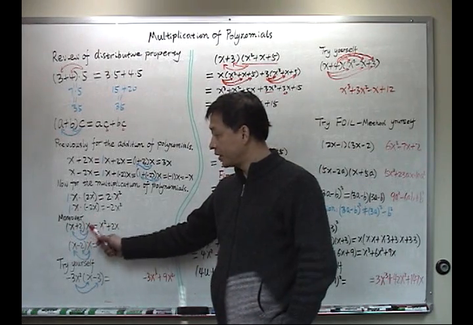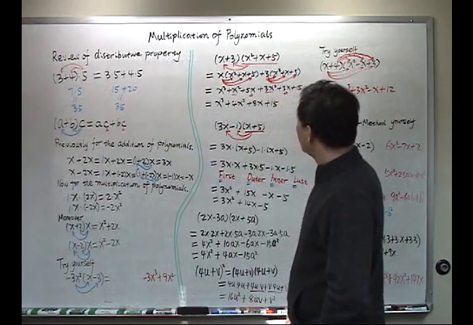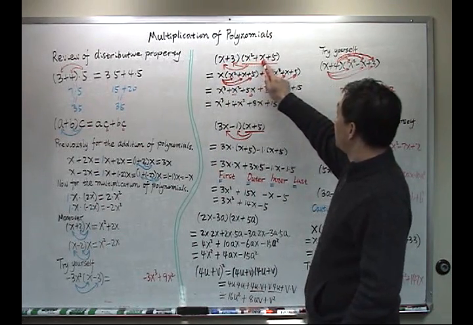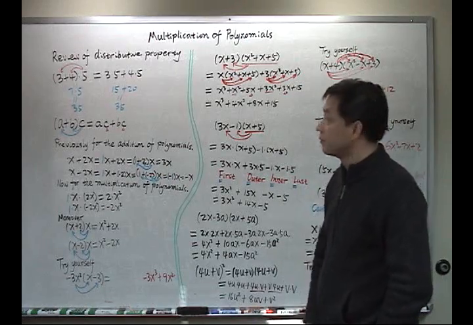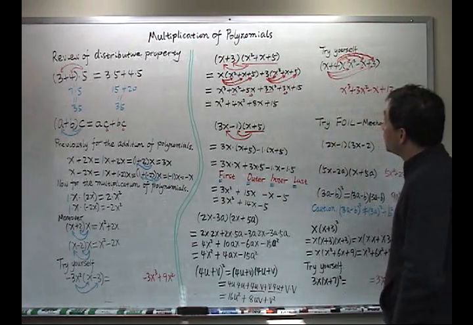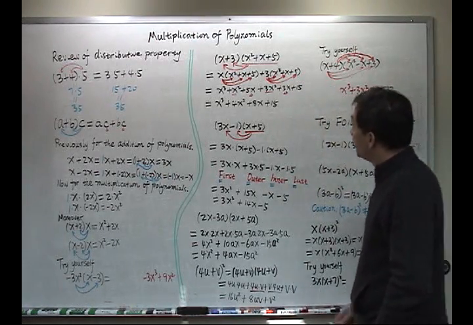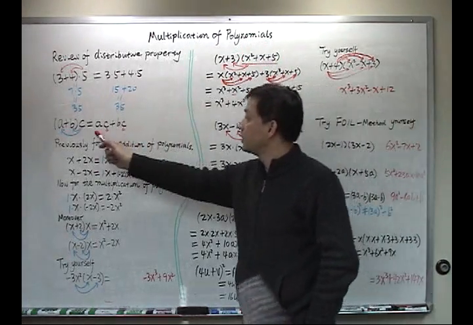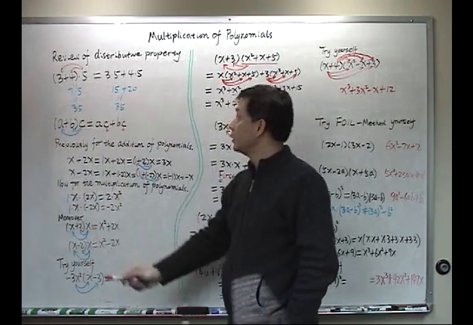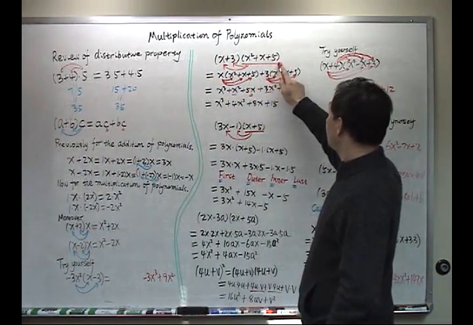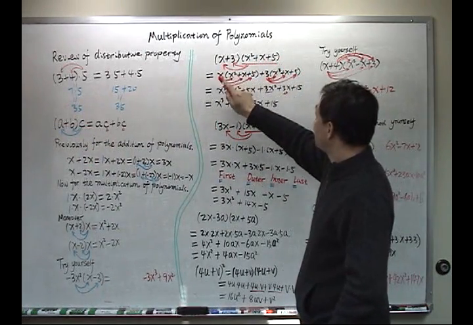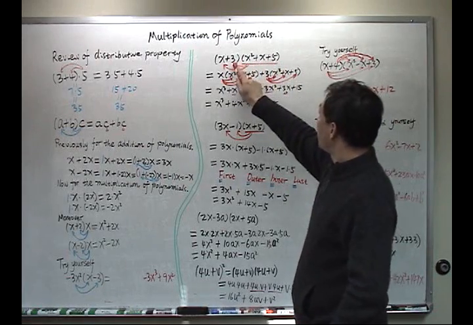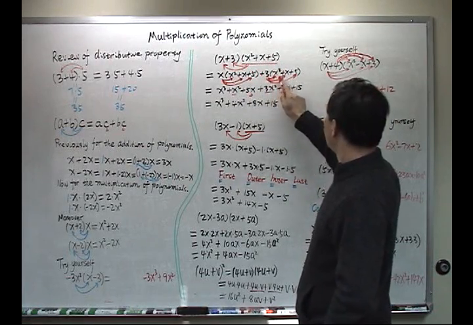x has one term. How about binomial times trinomial? Because here there are 3 terms. Here we need to use the distributive property. We view the whole quantity here as a single letter c. So this big quantity times x, you get that. This big quantity times 3, plus 3 times this big one.